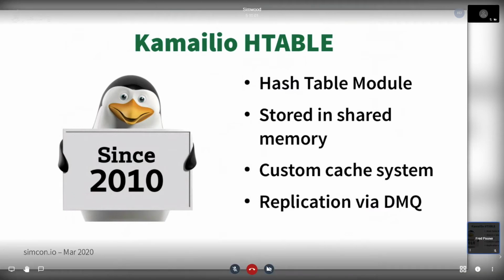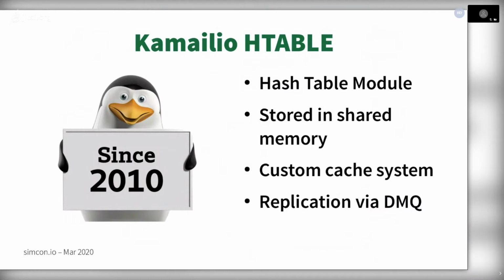But since 2010, Kamailio's had an HTable module, which is a hash table, and it allows you to store anything you want pretty much in shared memory. And what this makes is a custom cache system, which we can also replicate to other Kamailios through another module we have called the distributed messaging queue, so DMQ.